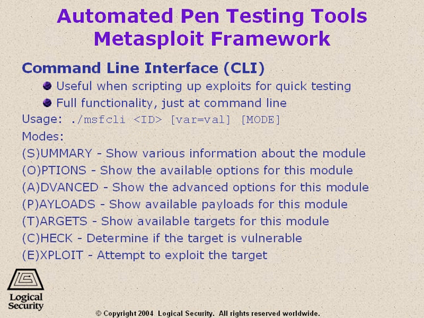Okay, so when would you use the command line interface? It's useful when you need to script Metasploit. It's fully functional just at the command line with this sort of usage of msfcli, then the exploit ID, then the variable and the value of that variable, and then the mode that you're going to run it in. So that's the syntax that you'd use.